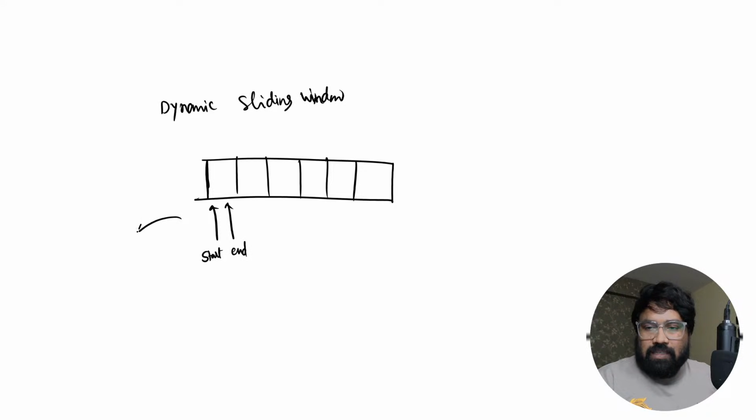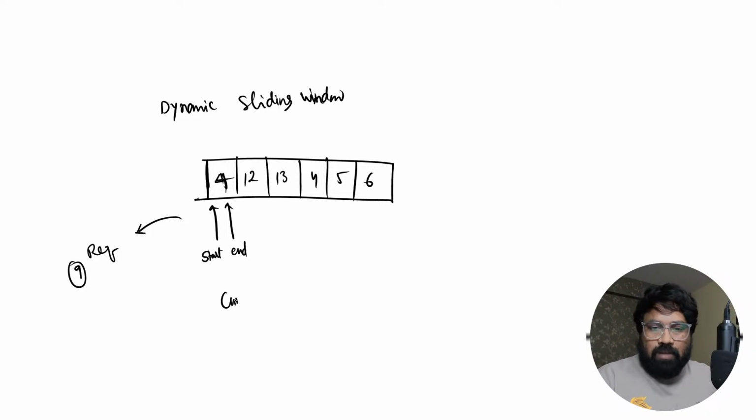Whenever this satisfies the required condition, you will increase or decrease the start and end. How, I will tell you. For example, 1, 2, 3, 4, 5, 6, 4, 12, 13, and the required sum you need to get is 9.